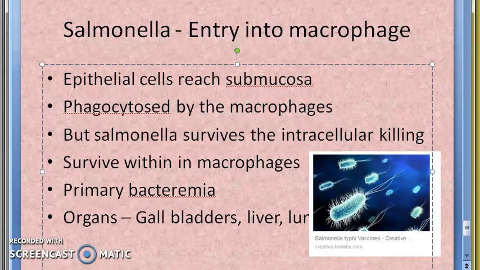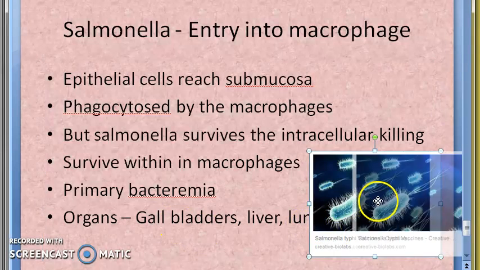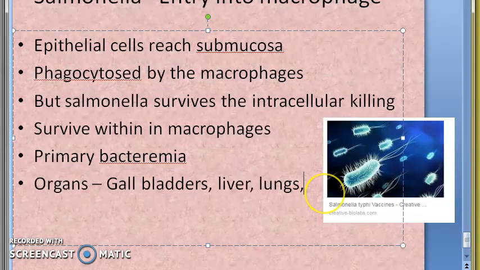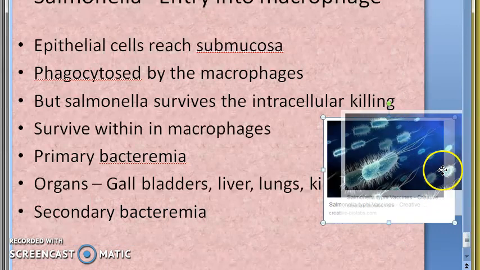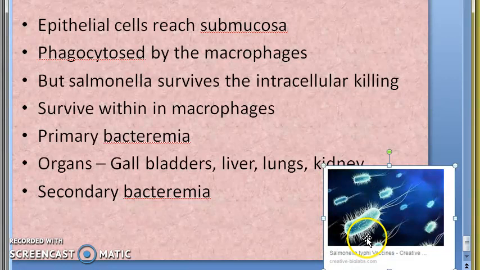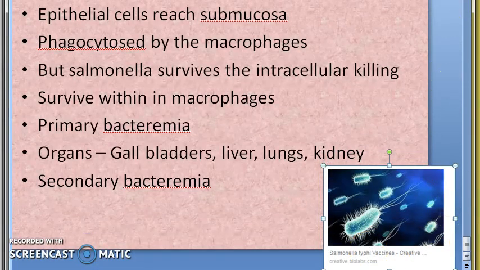Okay, liver, gallbladder, kidney, lung, it goes to all these places. Okay, and then it causes secondary bacteremia. Okay, is this much clear to all of you? Very good.